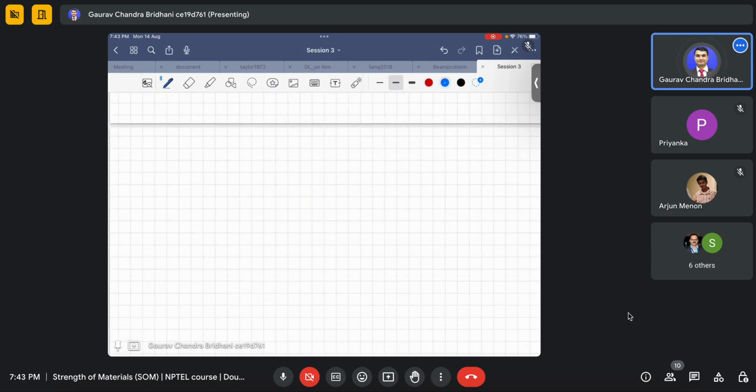If sigma 1, sigma 2 and sigma 3 are the principal stresses, then from that expression it has been reduced to this form.